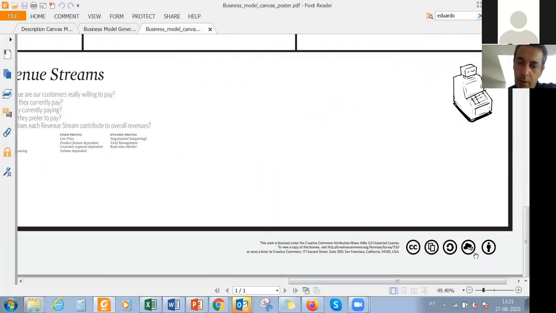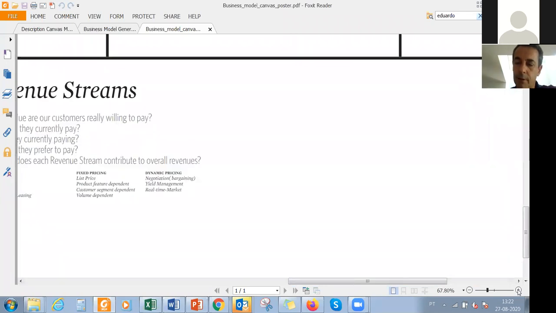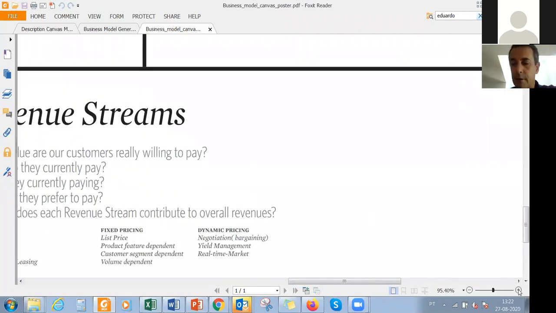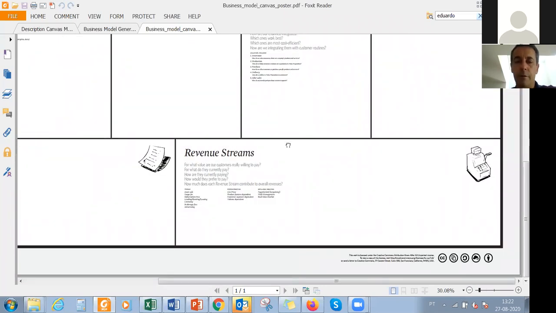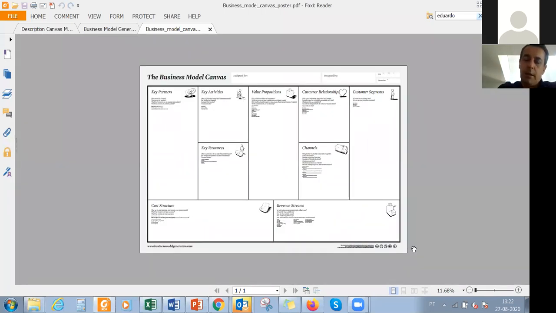The authors decided that we can use this canvas, make copies, reuse it, add blocks. We just need to say who the initial authors are, in an attribution Creative Commons license. So we should say that this was originally developed by Yves Pinheiro and Alex Osterwalder, and then use it as is more convenient for us, in a printed version or in an electronic version based on a web browser application.